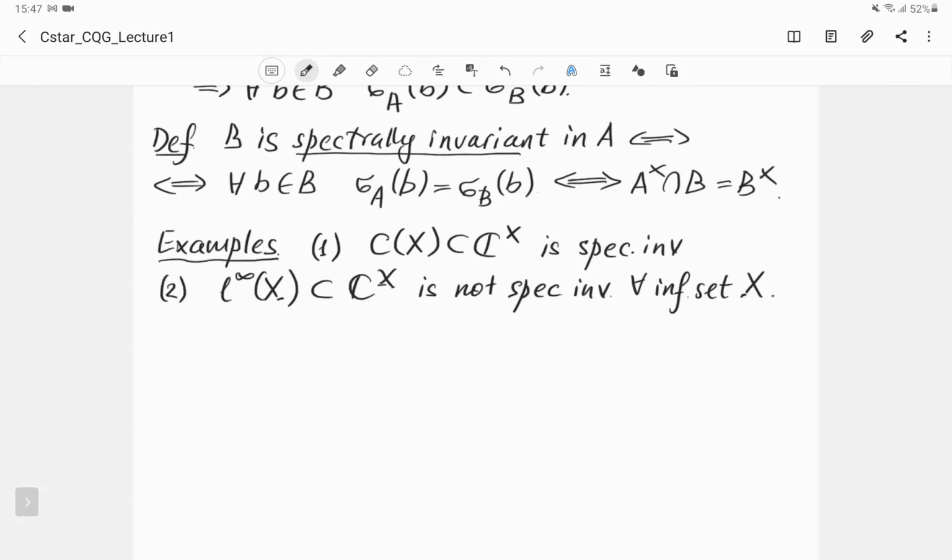So the algebra is not spectrally invariant.